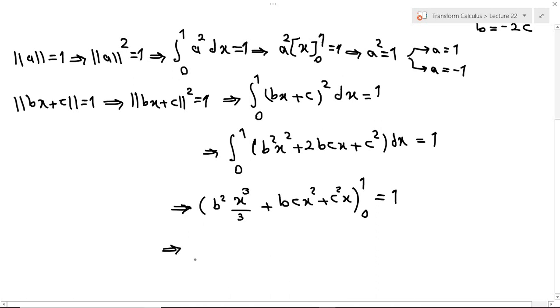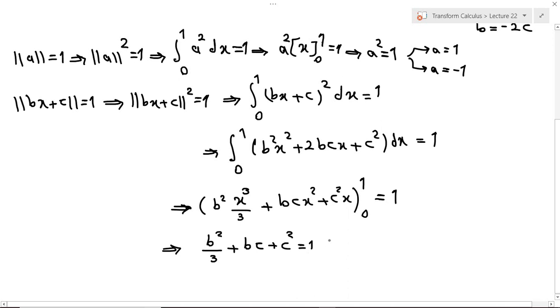As a result, if I apply upper limit and lower limit, we have b squared divided by 3 plus bc plus c squared should be equal to 1.